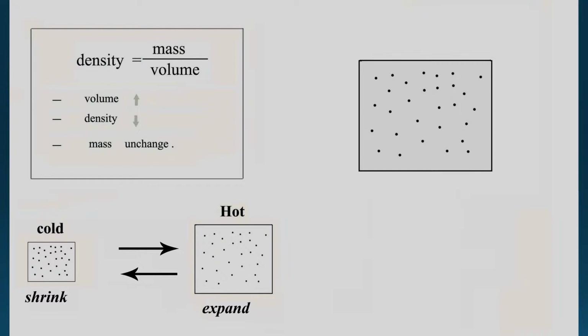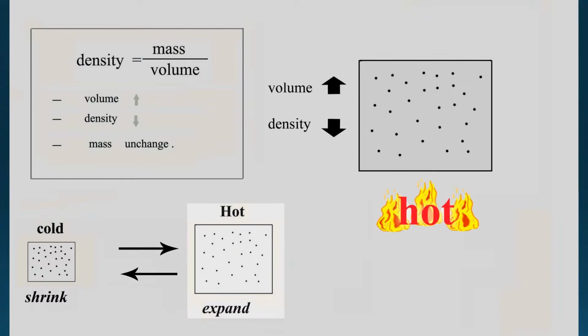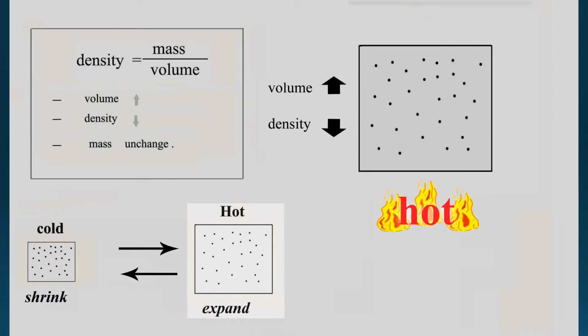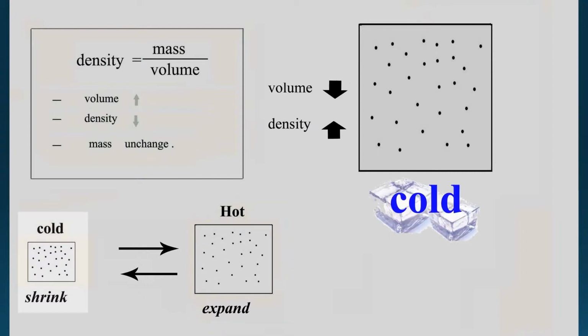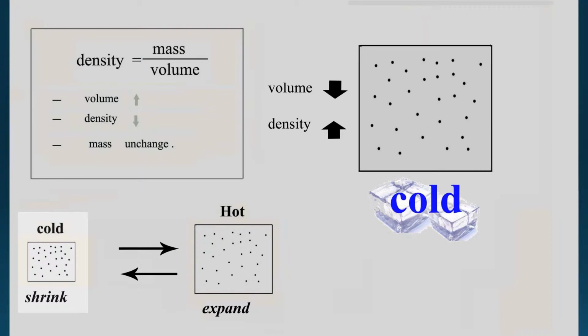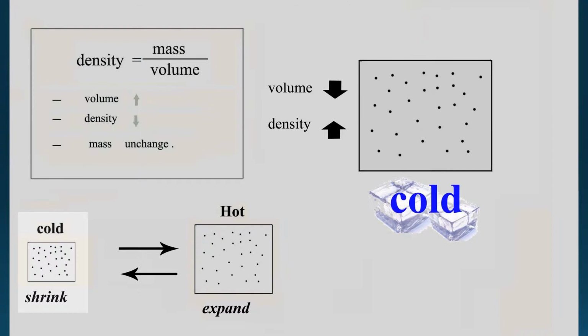Let's look at this picture. When it's hot, what happens? The balloon expands. That's what happens with the hot air balloon. When it's hot, it expands. How about when it's cold? It shrinks. And that's what happens.